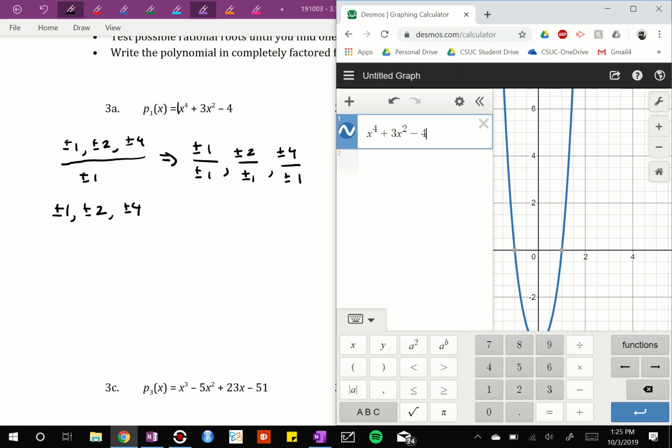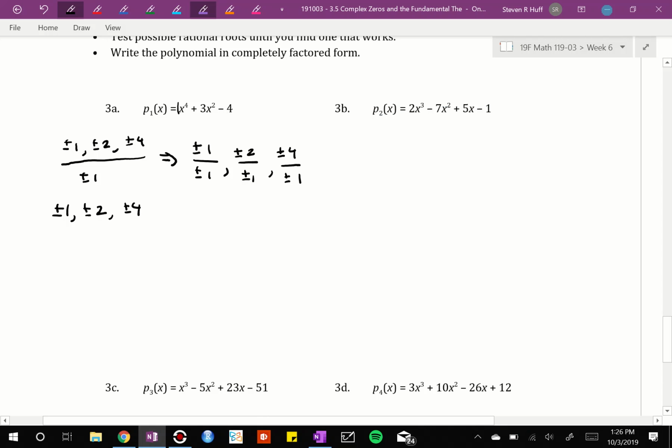Okay, so it looks like we have a root at -1 and a root at +1. So we can assume that is accurate. So we get x equals -1 and +1.